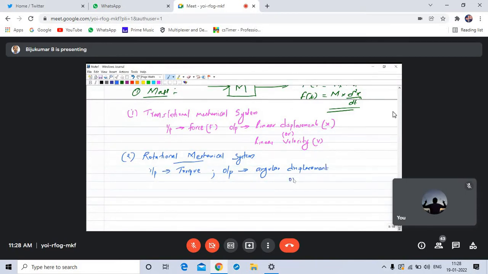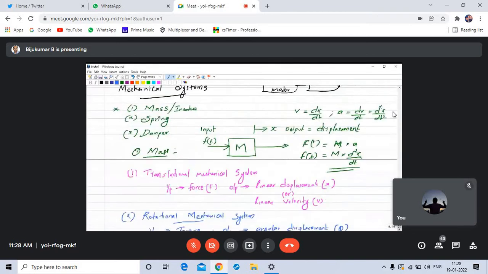Angular displacement or angular velocity. So angular displacement will be denoted as theta. Angular velocity will be denoted as omega. So that will be the difference. Okay. So again, we will continue our topic.